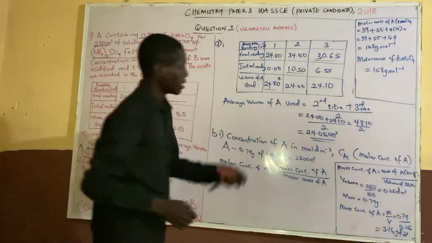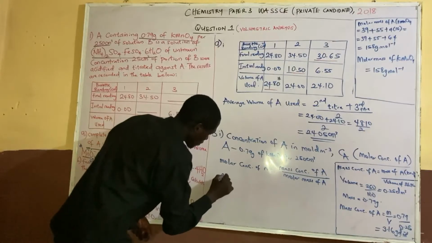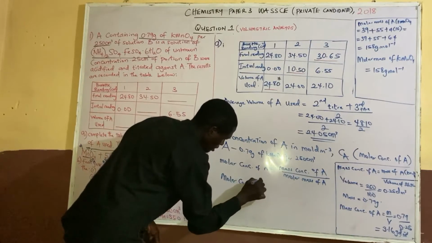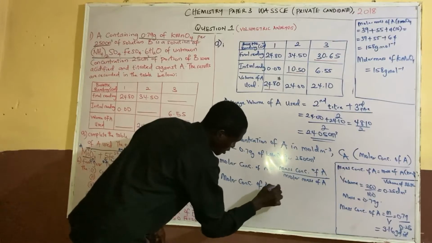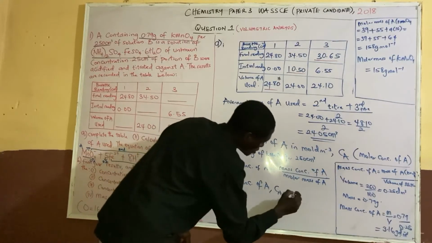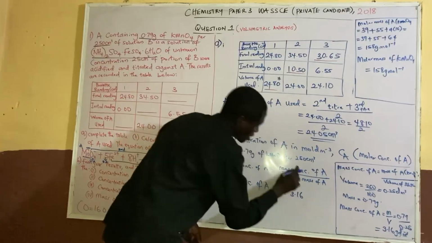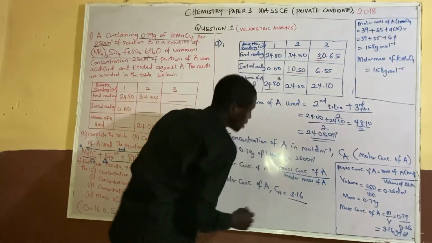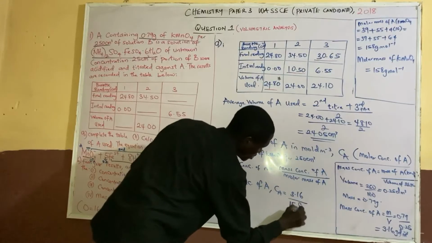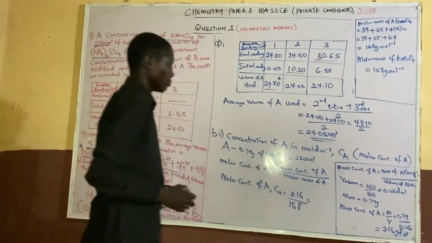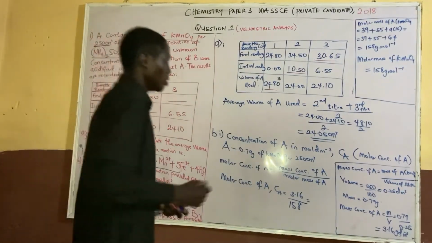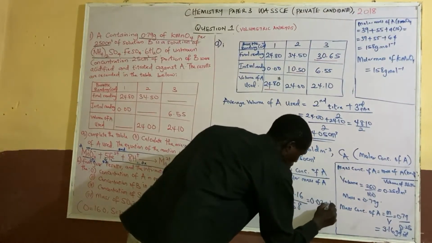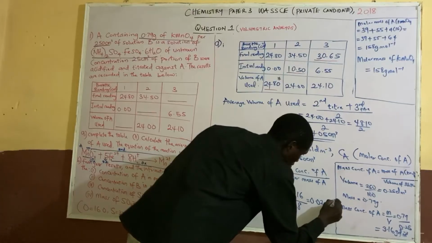Now coming back to this, your molar concentration of A, which is Ca, is equal to 3.16, that is the mass concentration, all over your molar mass 158, which is equal to 0.02 mole per dm³.